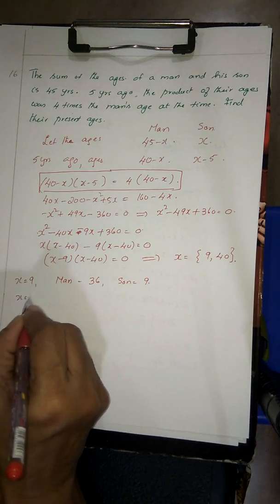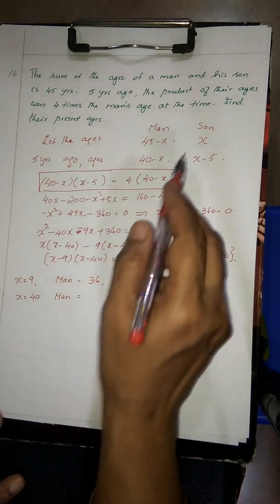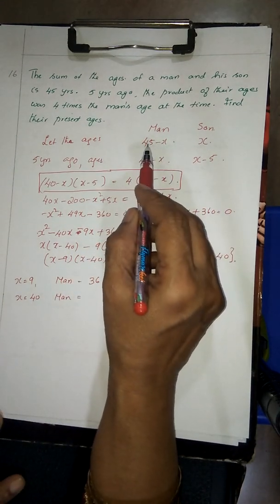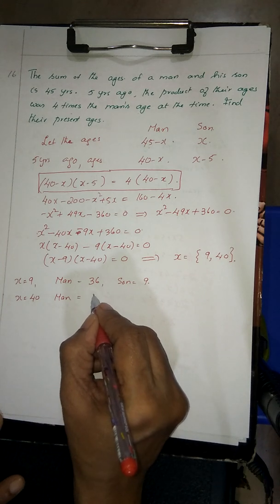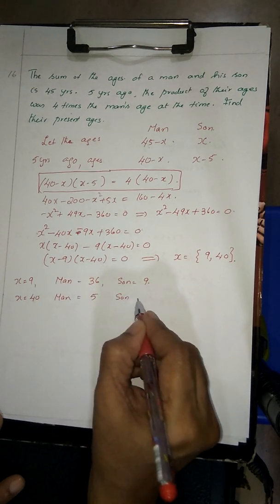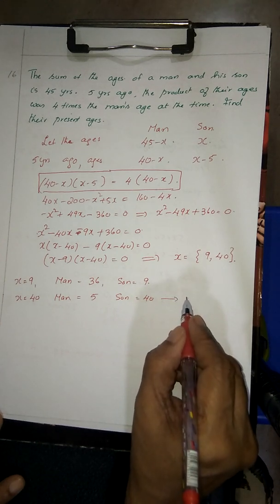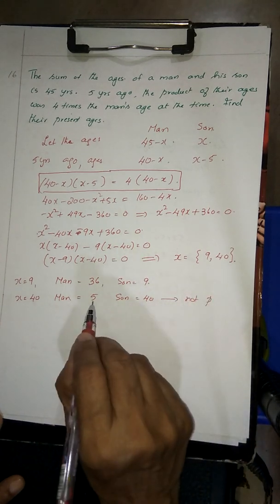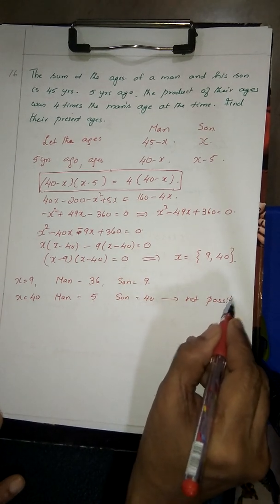When x is equal to 40, man is equal to 45 minus 40 is 5, and son is equal to 40. So this option is not possible. Man as 5 and son as 40 is not possible.